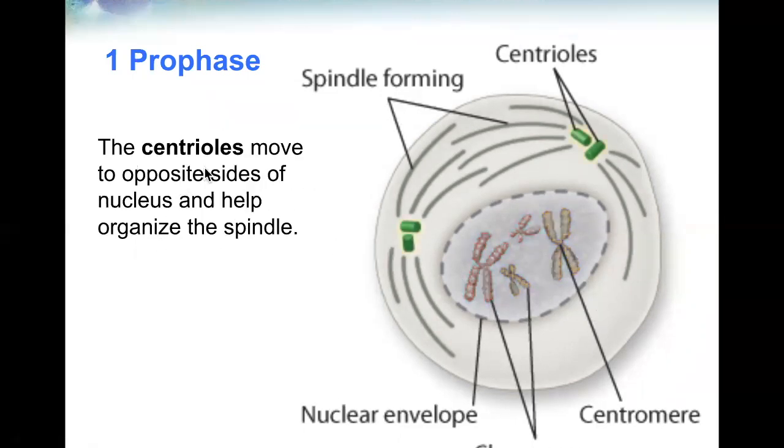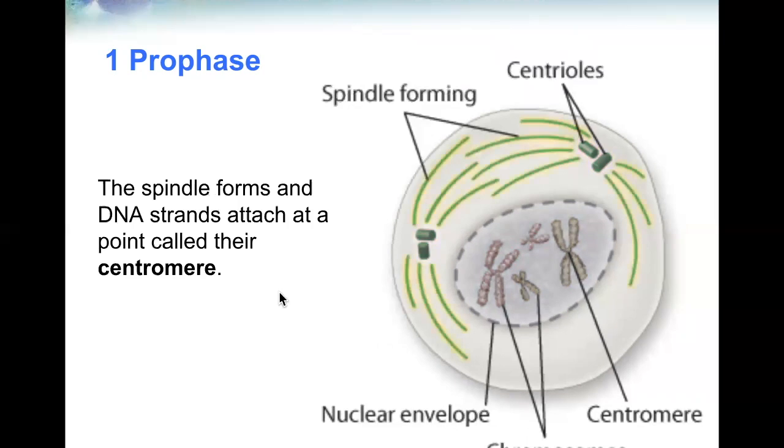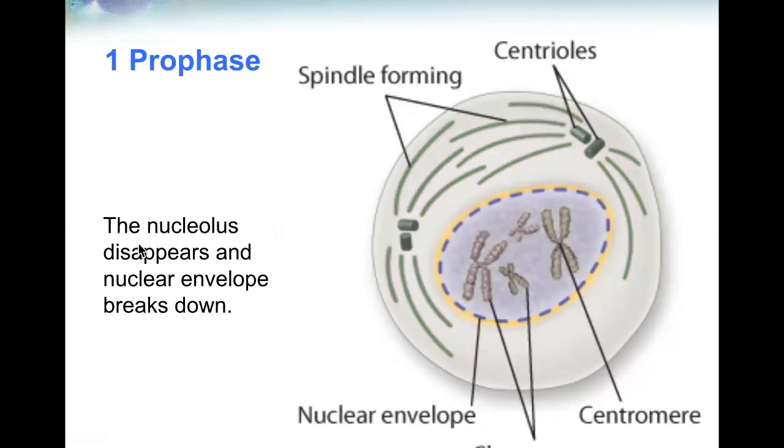The centrioles move to opposite sides of the nucleus and help organize the spindle and begin to separate the two nuclei. The spindle forms and DNA strands attach at a point called their centromere, usually in the center. The nucleolus disappears and the nuclear envelope breaks down.